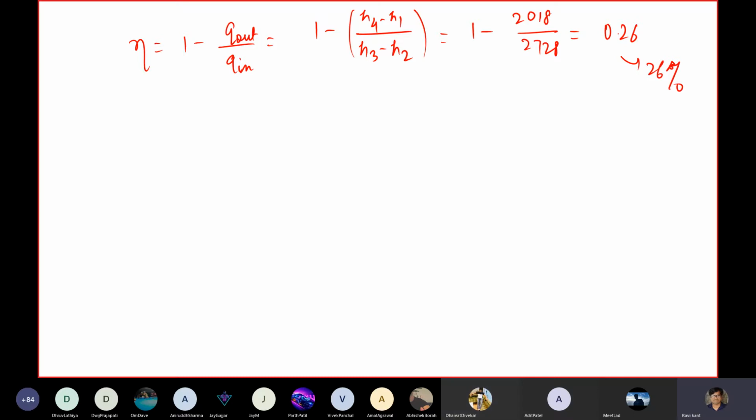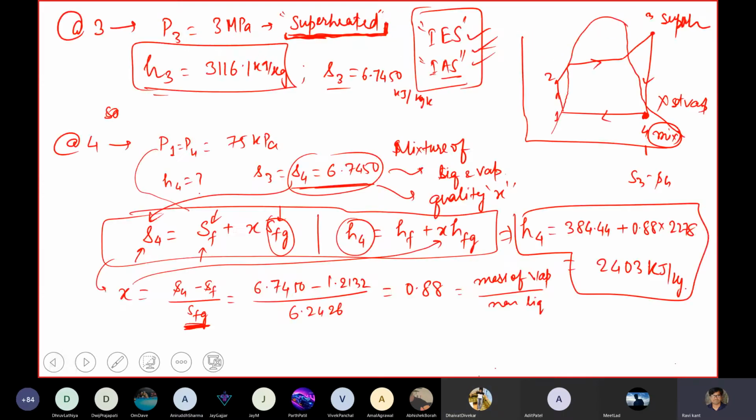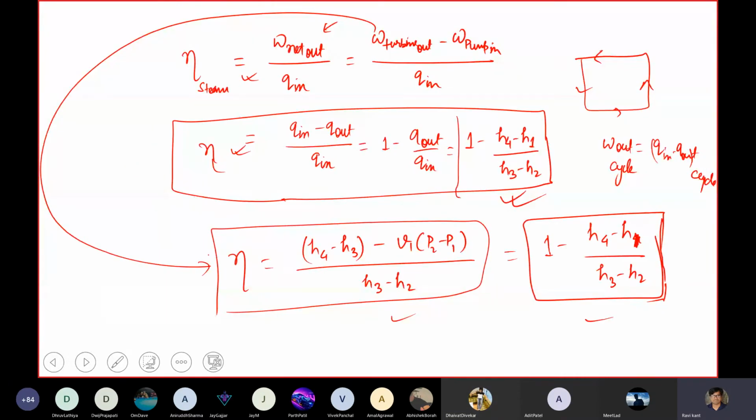Okay, here I want you guys to be attentive, because we remember we formulated this formula from two equations, one from here and one from this also, including the pump work.